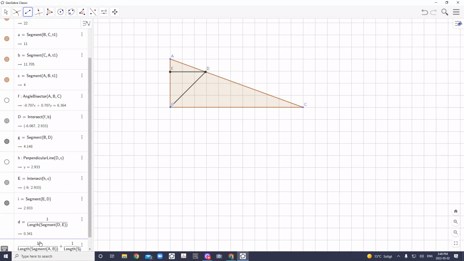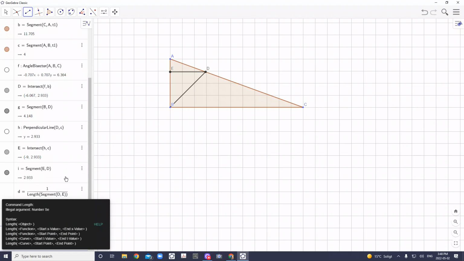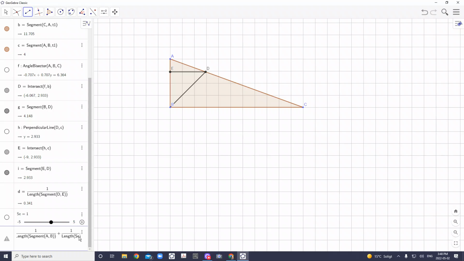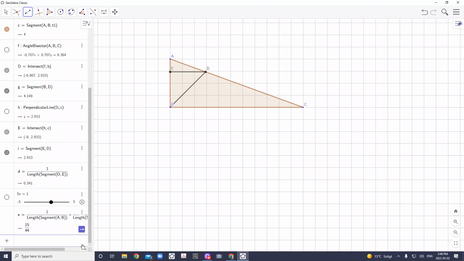Of segment, this, so segment point to point, and that is B and C, if I understand it correctly. Okay, so that is this number.